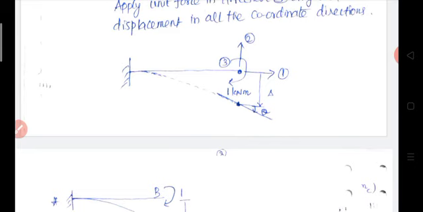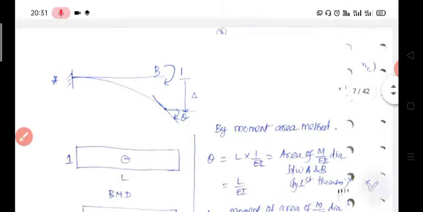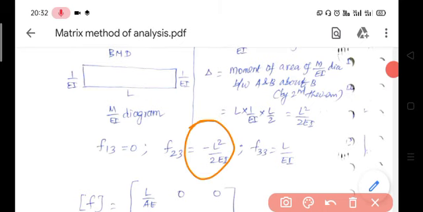Our coordinate is shown in the upward direction, but the displacement is in the downward direction, so we have to use a minus sign. Therefore F23 is equal to minus L square by 2EI.